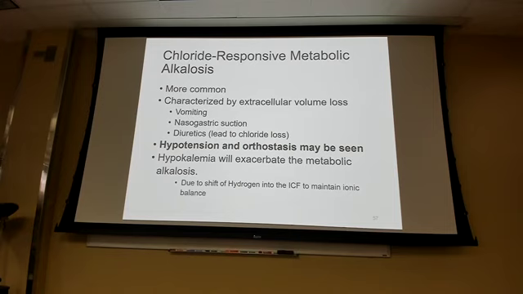So again, hypotension, orthostasis, what is that a sign of? It's a sign of hypovolemia. Right? Because again, we're pulling out volume, imagine this patient's throwing up. It's the easiest conceptual metabolic alkalosis patient to think of, all right? And again, if the patient's also hypokalemic, it's going to make the problem worse, right?